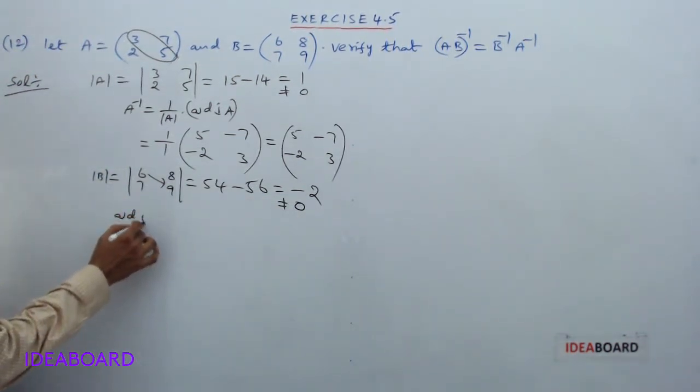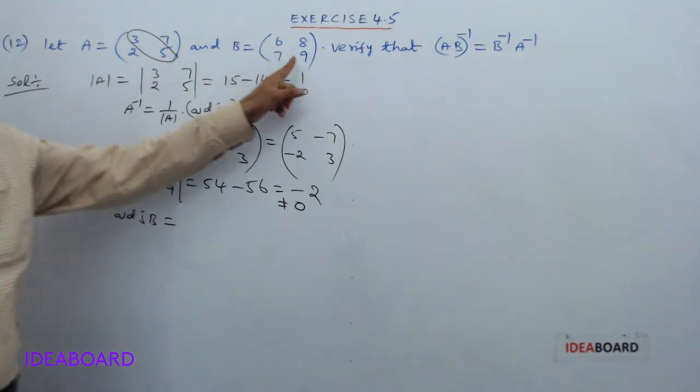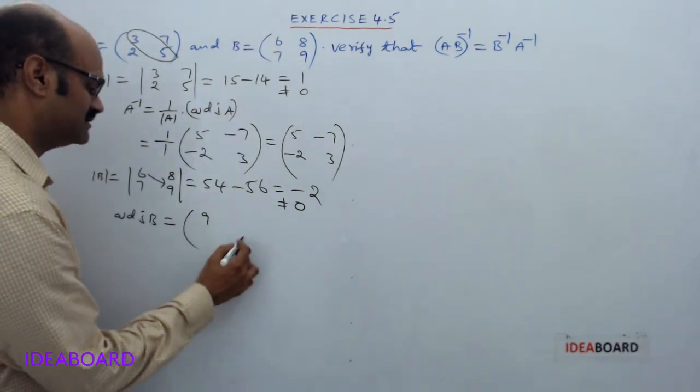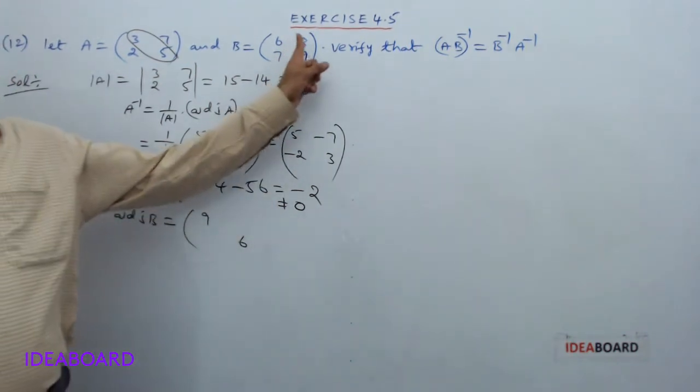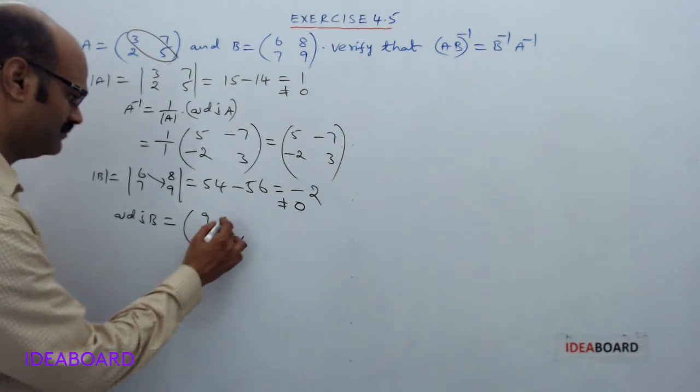Now find adjoint of B. Adjoint of B equal to, interchange the principal diagonal elements, 9, 6. Of the off-diagonal elements we have to change the signs, -8, -7.